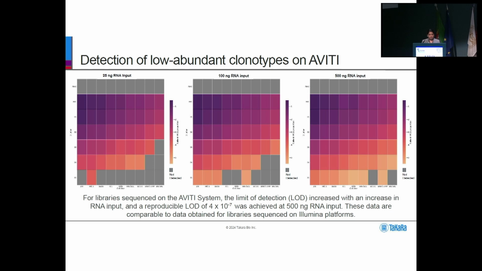This is the sensitivity data from the IVT system, and here also we see it's comparable with Illumina platforms. Again, the limit of detection is around 4 times 10 to the power minus 7 at 500 nanogram RNA input.